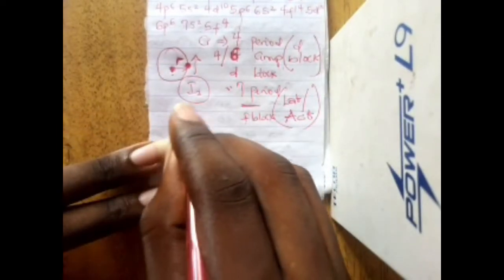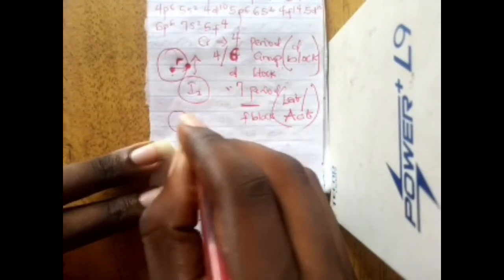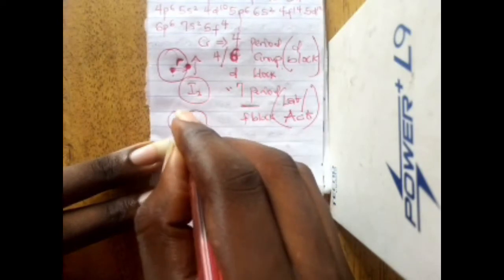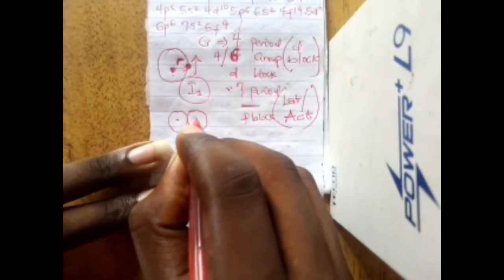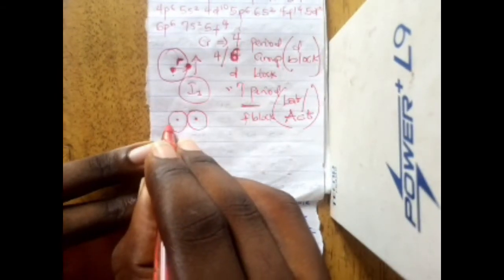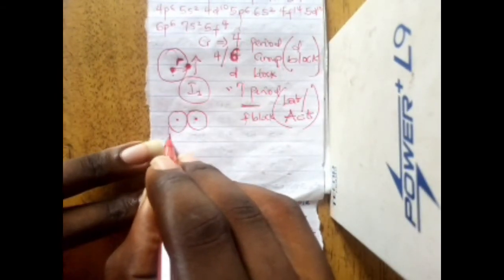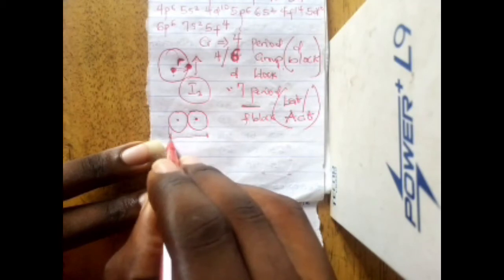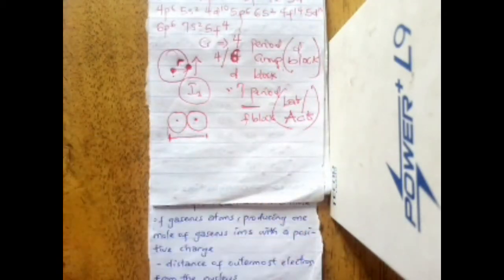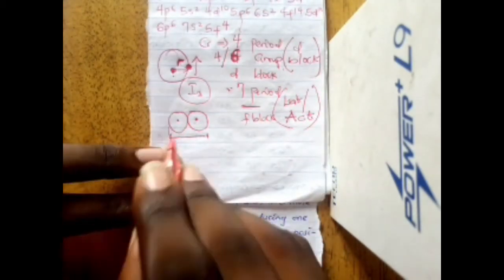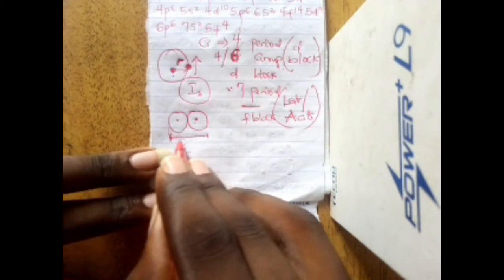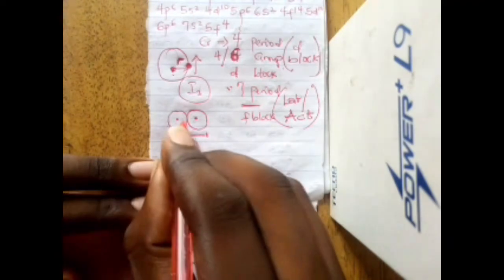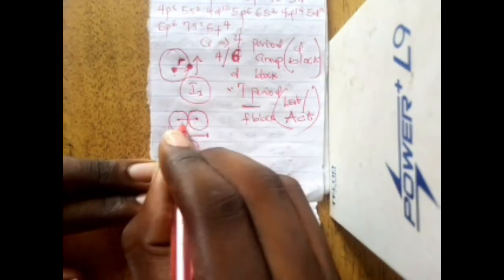For iodine, you have one atom of iodine and another atom of iodine that are close together, center of the atom. Now the total distance from here to this point is the total distance of this iodine atom. Now half of this distance is what we refer to as the atomic radius, which is the distance from here to here.